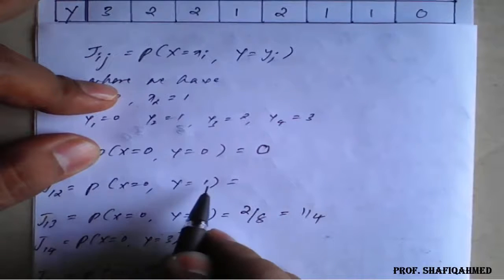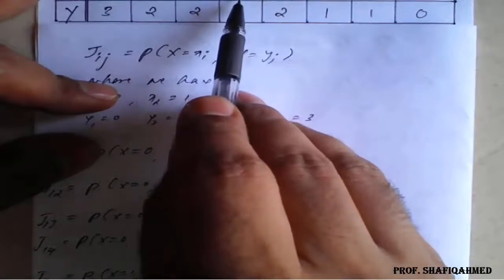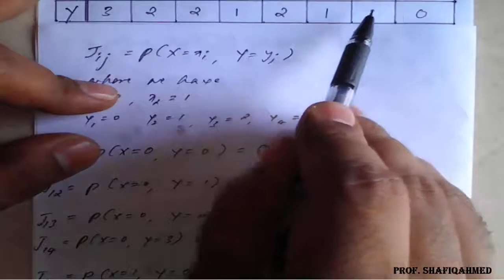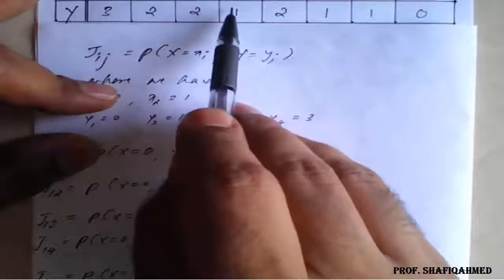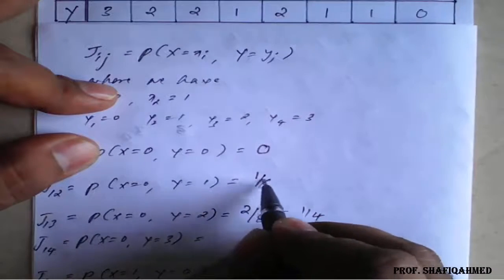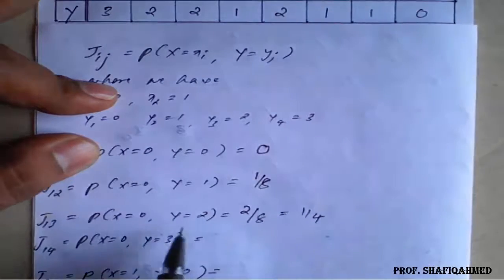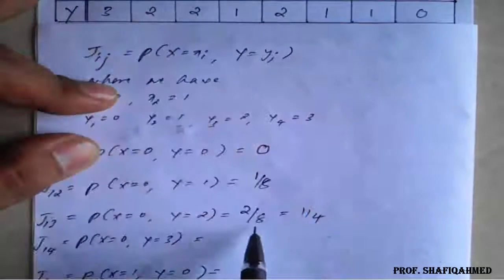Now x is 0, y is 1. Such cases we have only one. When x is 0, y is 1, we have only one case, so I will write 1 out of 8. For x is 0, y is 2, it is 2 out of 8.